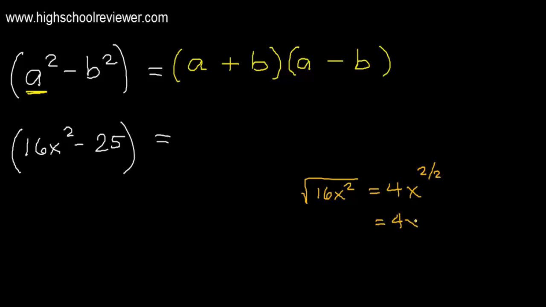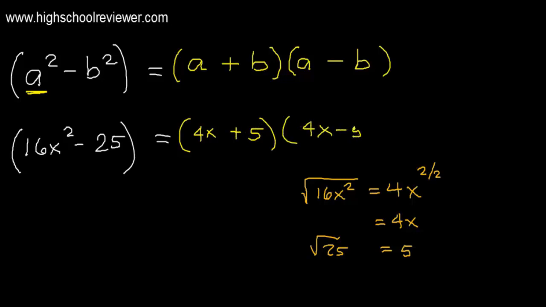This will be 4x. The square root of 25 is 5. We now have the two terms. Our two terms here will be the quantity of 4x plus 5, multiplied by the quantity of 4x minus 5.